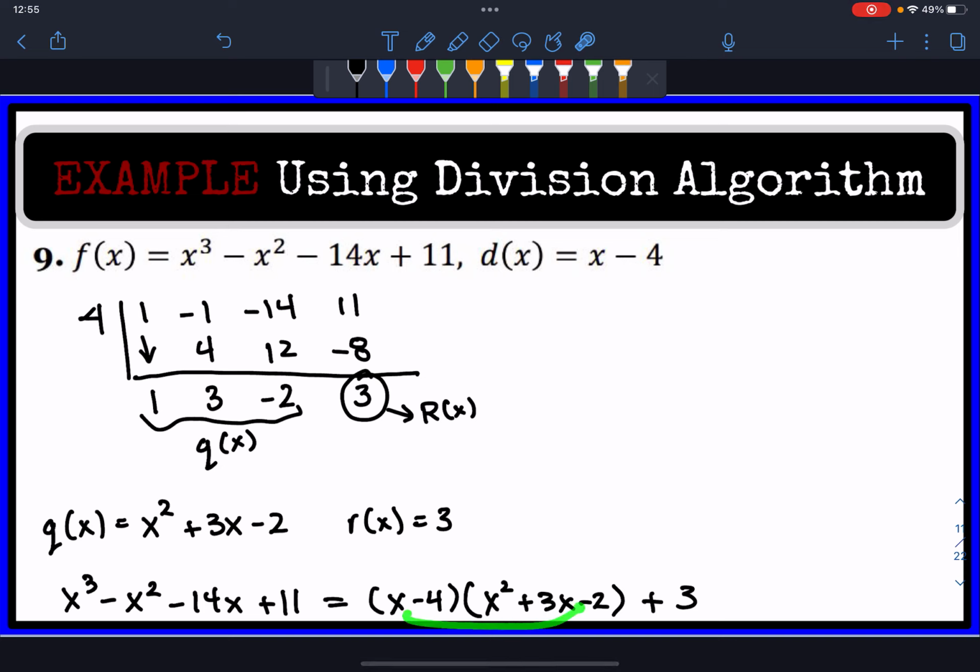So if I multiply these two things together and add 3 to that, I end up with this polynomial there. So this is what the application to the division algorithm is, to synthetic division. This is one application that we use synthetic division for in order to represent a polynomial as the product of two things plus a remainder.